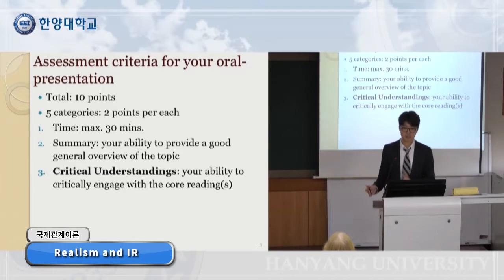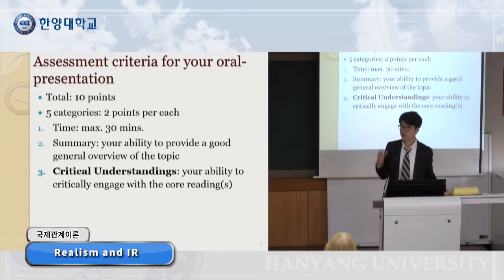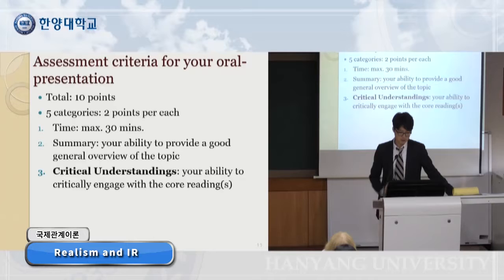You should be able to demonstrate your ability to critically engage with the core readings, the core arguments and core questions made by the authors. You need to provide your own thoughts and perspectives on the arguments or the theory you discuss and explain to us.